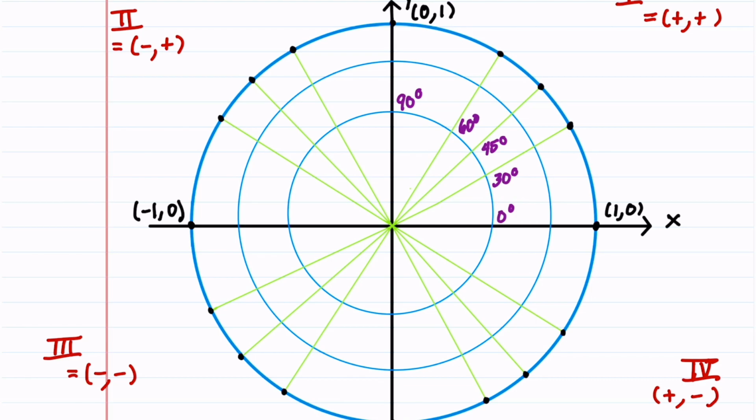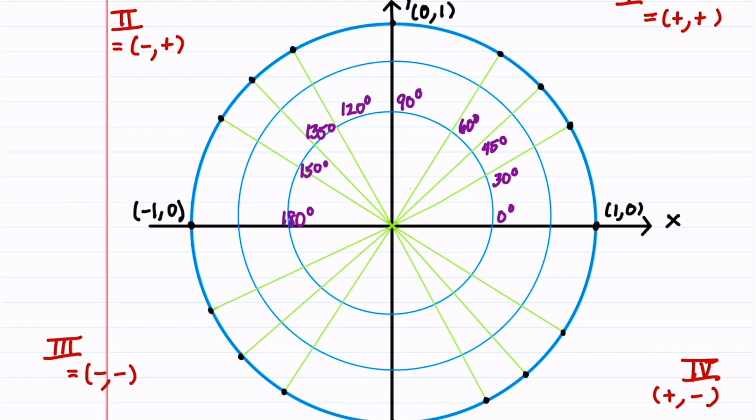Then we're going to start with 90 degrees and add 30 degrees to get 120 degrees. And then 90 degrees plus 45 degrees is 135 degrees. And then 90 degrees plus 60 degrees is 150 degrees. And then we come down to 180 degrees.